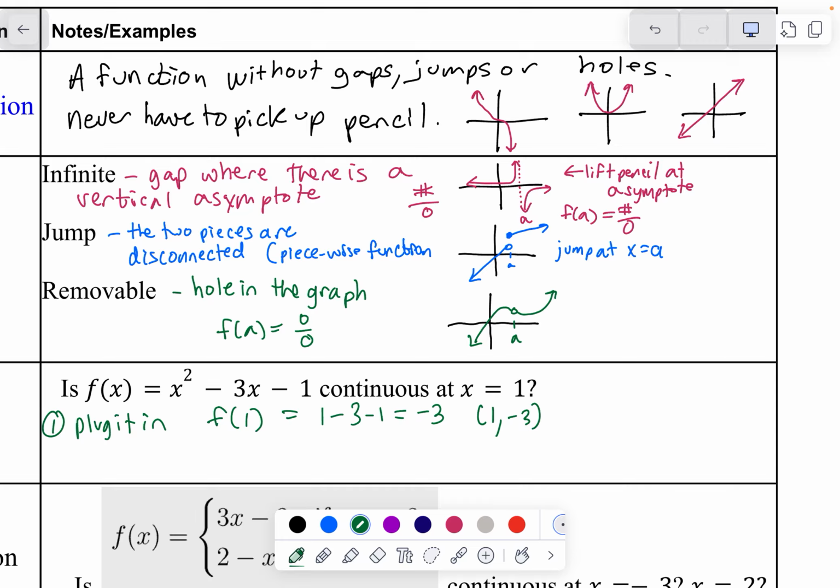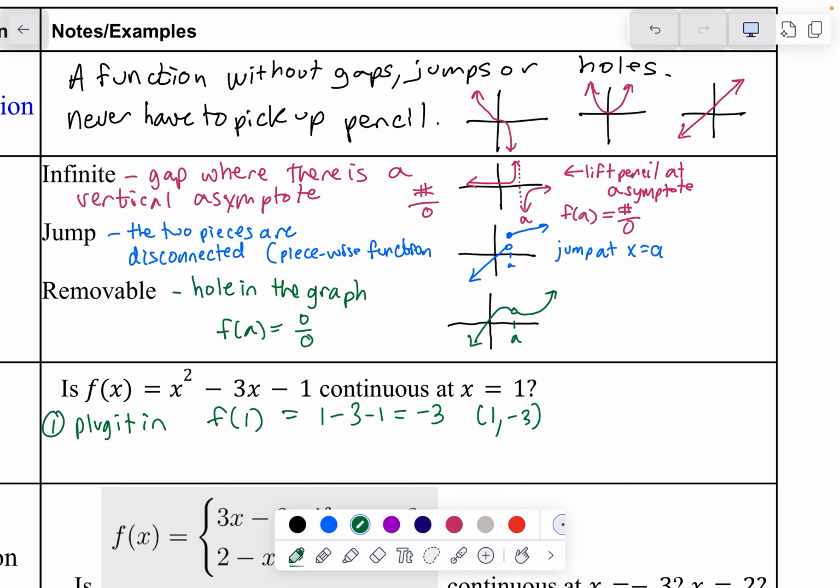If we were to graph it, I was trying to think if I can at least give you an accurate graph. It's a parabola, but let me see if I can get you a fairly accurate graph. Did I put that in right?